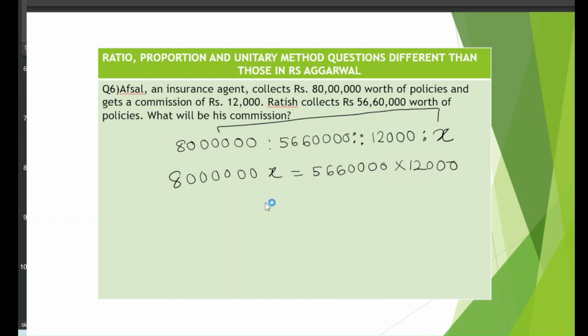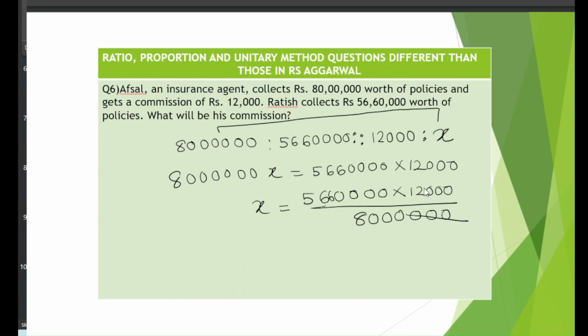So now we have to be very careful with the big numbers. I'm just trying not to miss out any zeros. If we miss out, then there will be a mistake. So X equals 56 lakhs 60,000 into 12,000 divided by 80 lakhs. Now we can cancel out the common zeros.